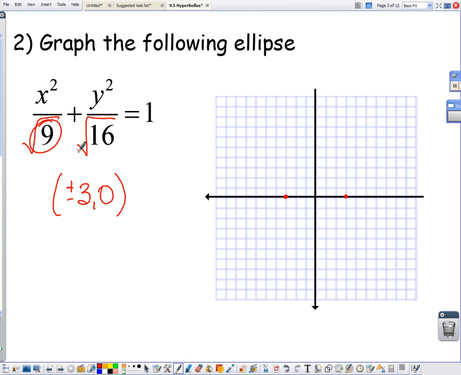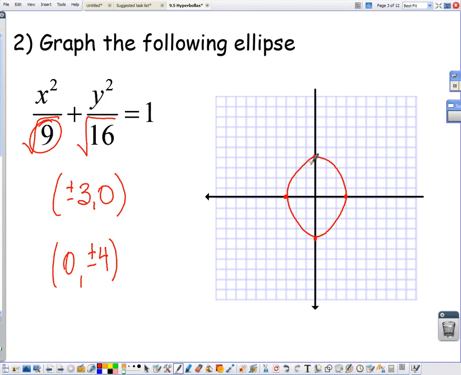We do the exact same thing, but this time, since it's underneath the y, we're going to go plus or minus 4. So 1, 2, 3, 4. And then the ellipse just encompasses that. And if they're really close like that, then it could look like a circle.